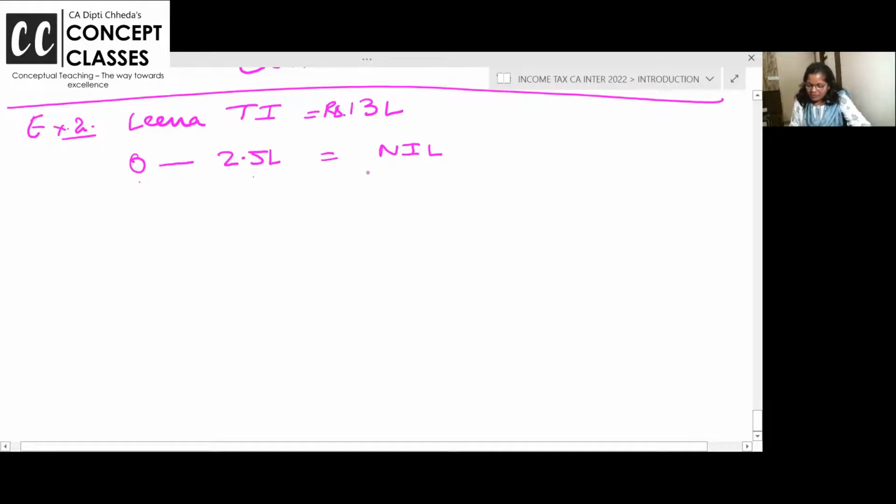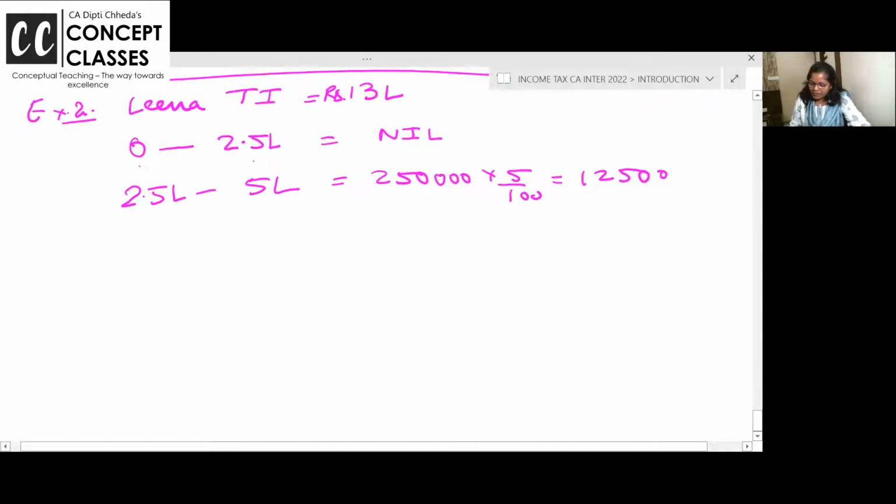0 to 2.5 lakhs, Leena, the tax is nil. 2.5 lakh to 5 lakh. On the next 2,50,000, it's 5%. 2,50,000 पे 5%, 12,500 आया.